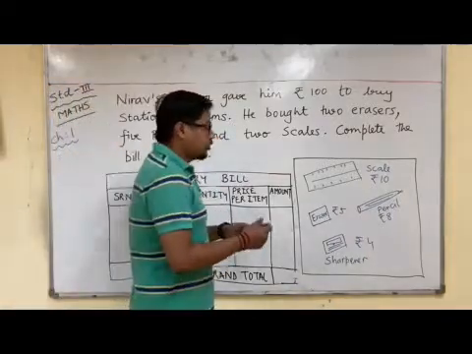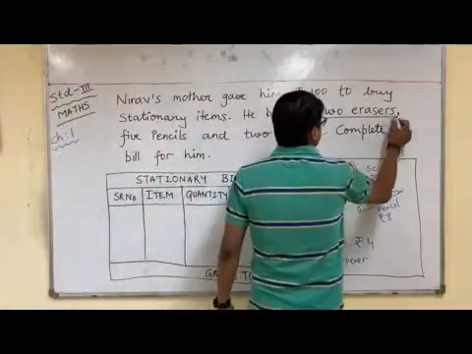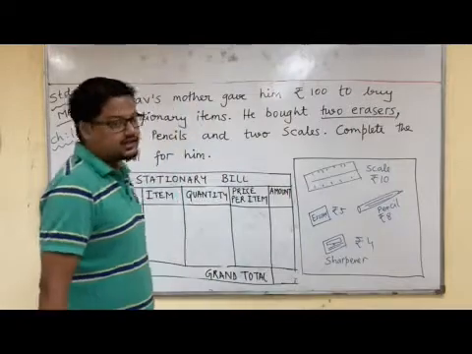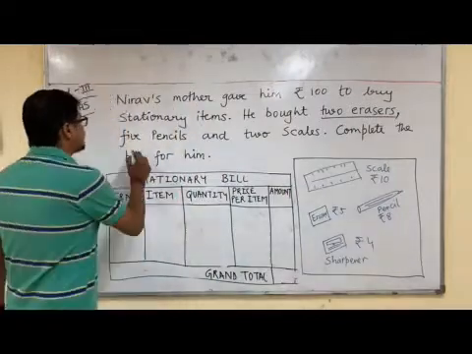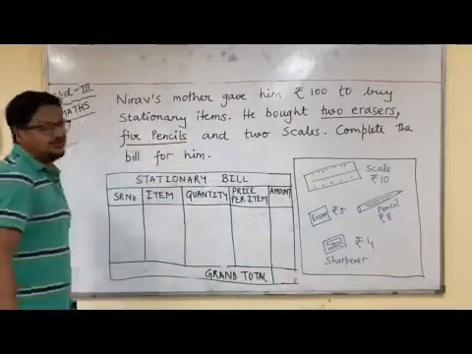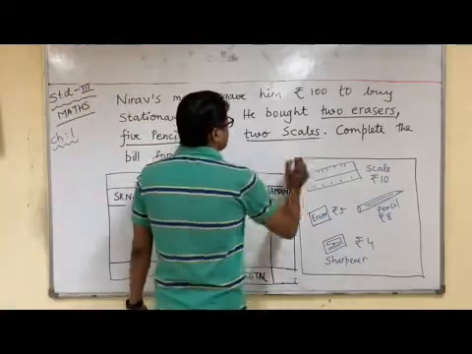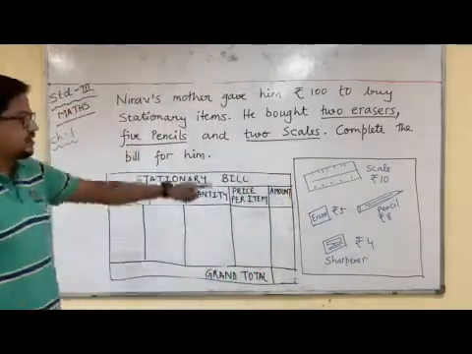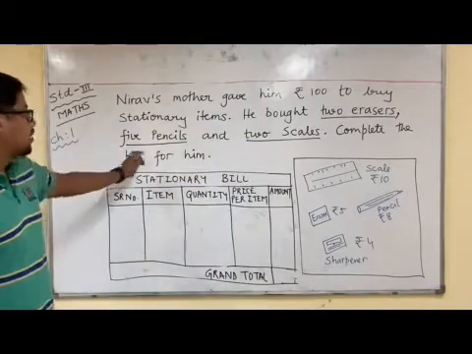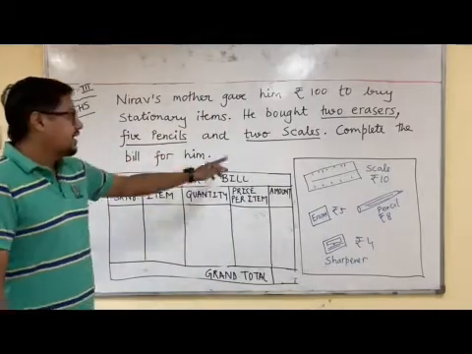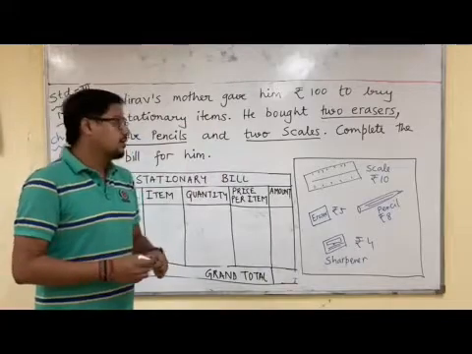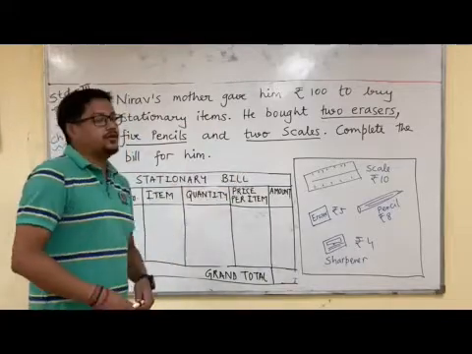He bought 2 erasers, 5 pencils and 2 scales. So Neerav bought 3 things: 2 erasers, 5 pencils and 2 scales. Complete the bill for him.